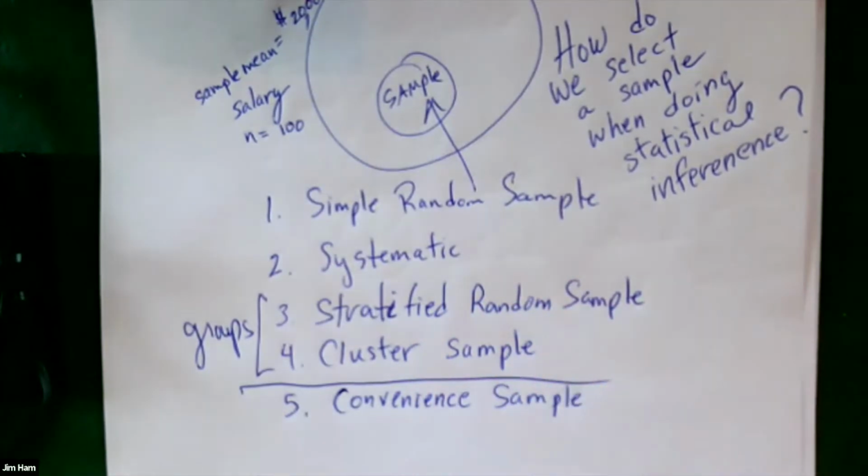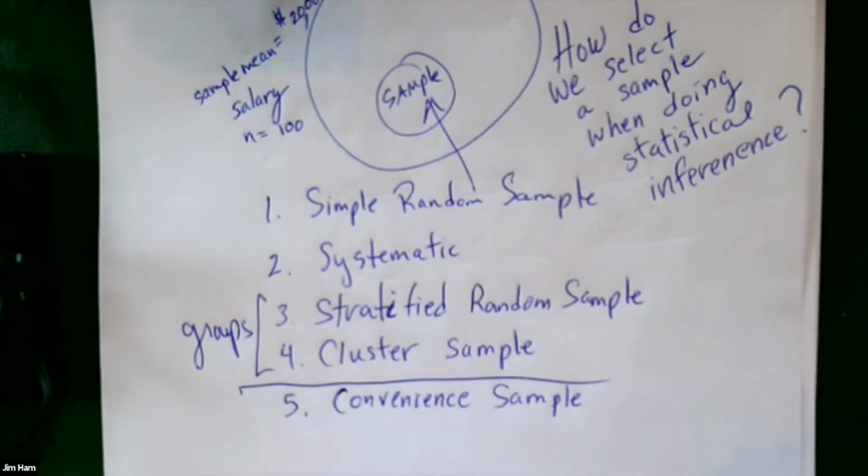It's a convenience sample. It's a sample that the researcher took because it was convenient to find those subjects to participate in the study. It would be equivalent to me saying, I want to estimate the GPA of all the Delta College students, so I just ask this class, what is your GPA? You all tell me, and I calculate an average, and I say the average is 3.5 or whatever it is.